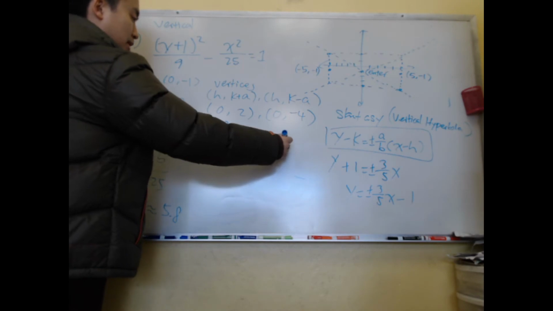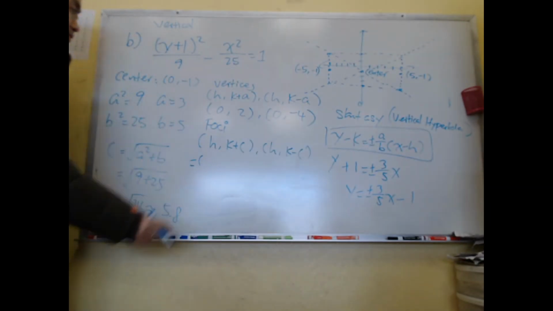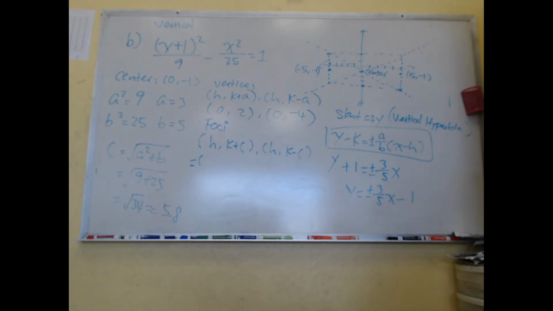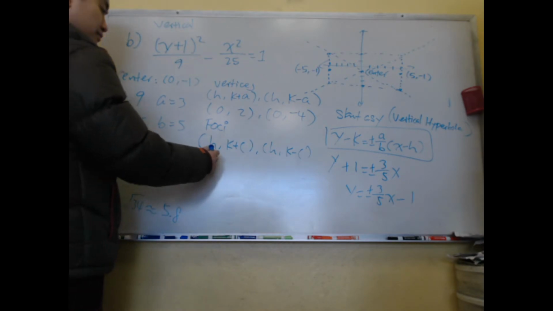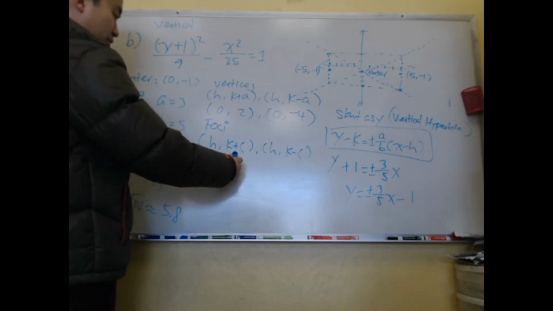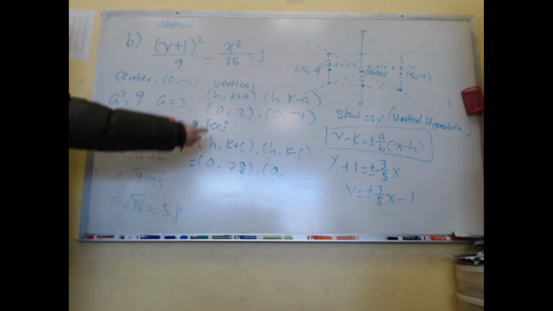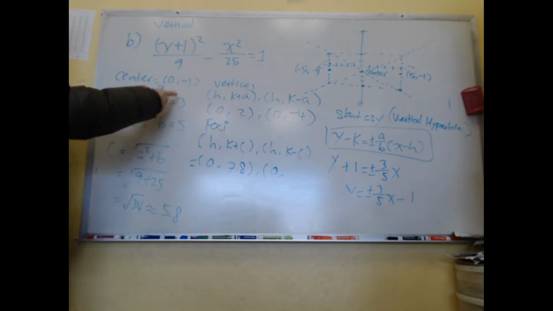And then h comma k minus c. So what is it? So 0, 2 plus 5.8, which is what, 7.8? And then 0, k, which is what? -1?